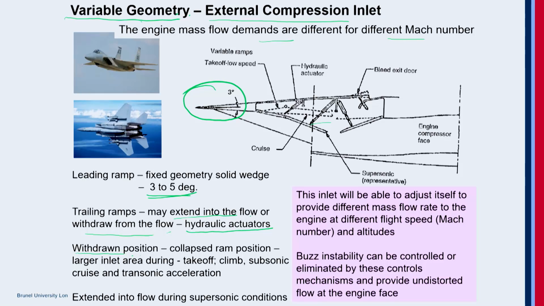In the withdrawn, collapsed ramp position, you have a large inlet area during takeoff, climb, subsonic cruise and transonic acceleration, and the ramps extend into the flow during supersonic conditions. The inlet will be able to adjust itself to provide different mass flow rates to the engine at different flight speeds and altitudes.